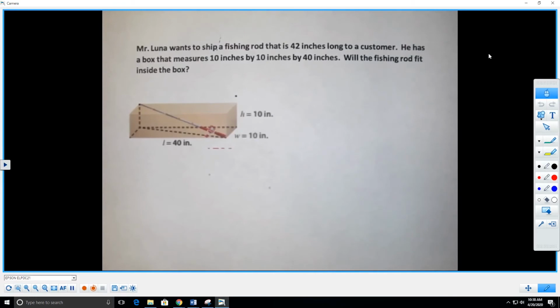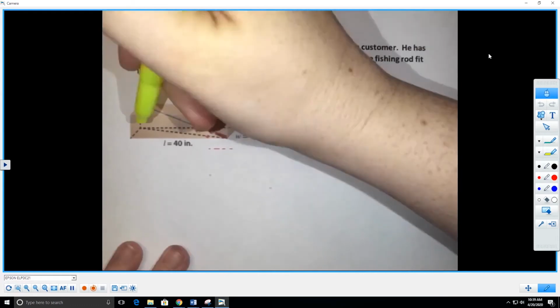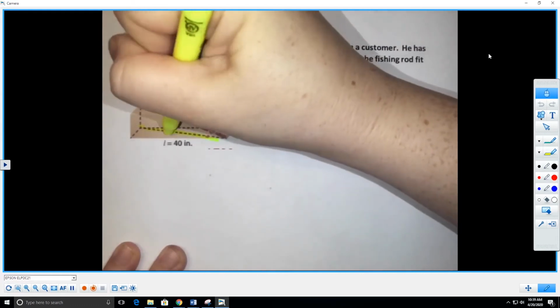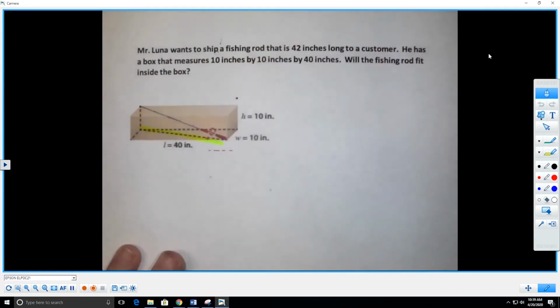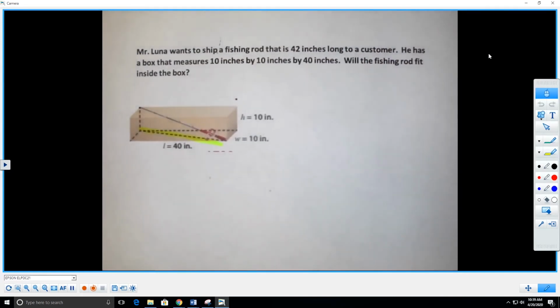First, let's find the length of the diagonal across the bottom of the box. So we're talking about this length here, the diagonal of the bottom of the box. Is this diagonal length a hypotenuse or a leg length? Right, it's the hypotenuse that we are trying to find first.